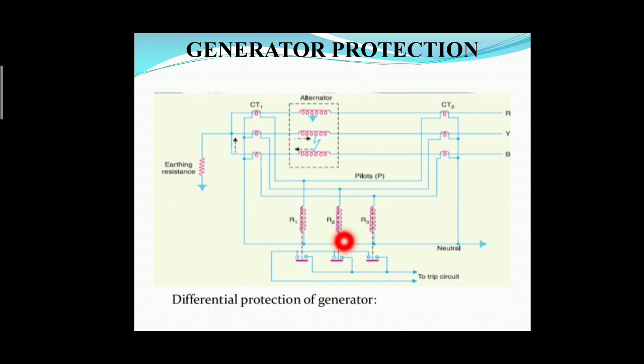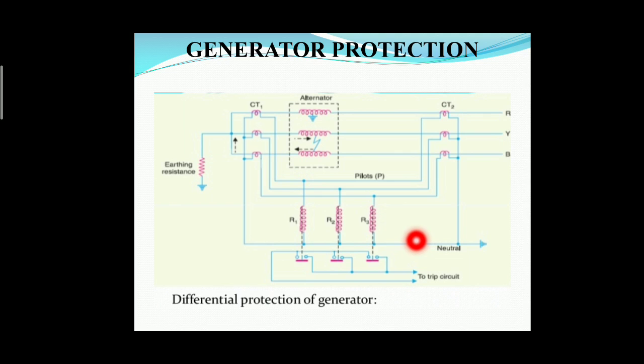If any faults are obtained, or under abnormal conditions, the difference between these two CTs, that means I1 minus I2, is the current that will be flowing through the relay coil. Then automatically the relay operates. The relay gives the indication, then the circuit breaker will be operated.